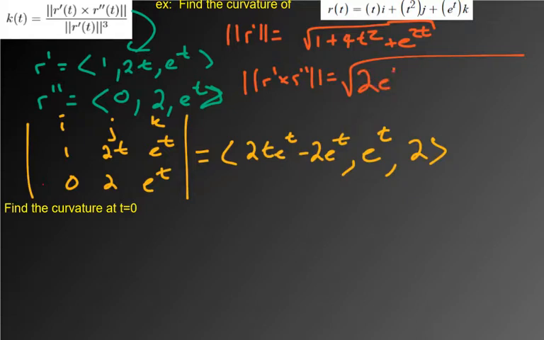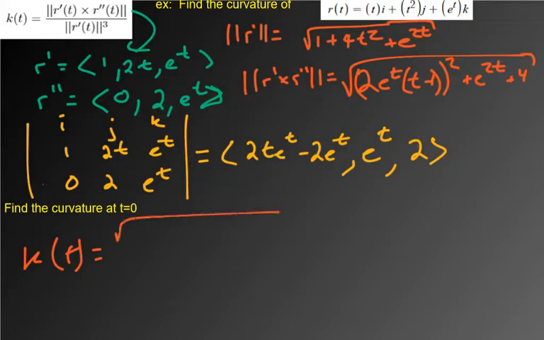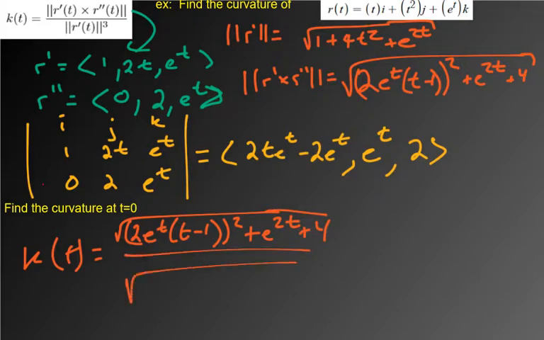And then the magnitude of the r prime cross r double prime is the square root of 2e to the t times t minus 1, all of that squared, and then plus e to the 2t plus 4. So the curvature is literally just that big messy thing, 2e to the t times t minus 1, all of that squared, plus e to the 2t plus 4, over the square root of 1 plus 4t squared, plus e to the 2t, all of that thing cubed.